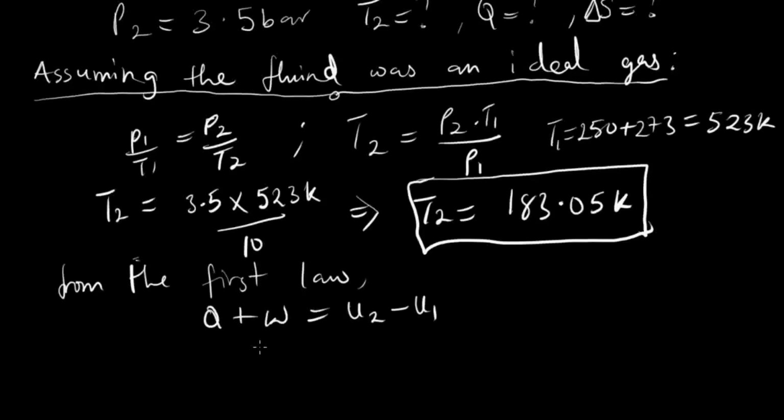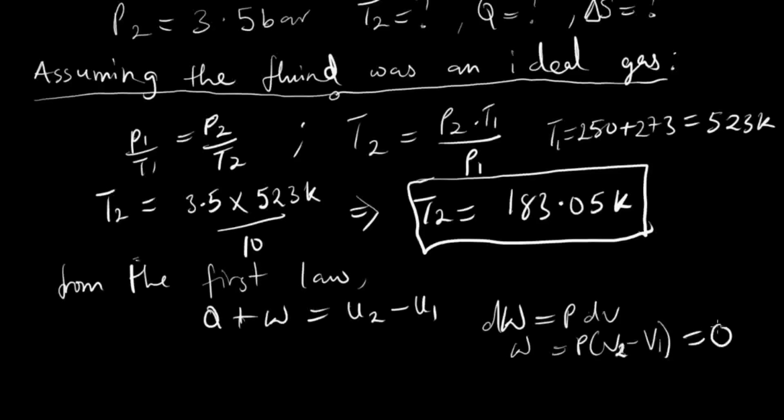We all know that W is equal to P dV, so W is P times V2 minus V1, which is 0 because it's at constant volume.